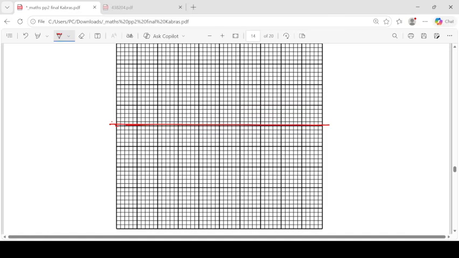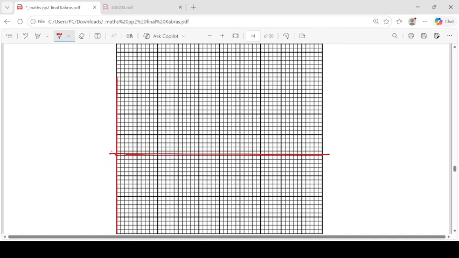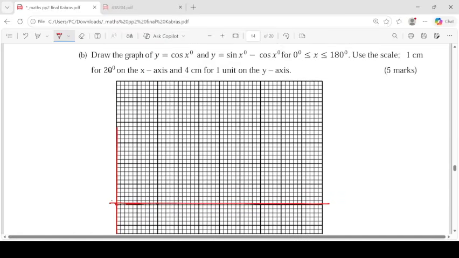So this one here is our graph. Make sure if you've been told a scale to use, you stick by that scale. They are saying on the x-axis 1 centimeter is 20 degrees.